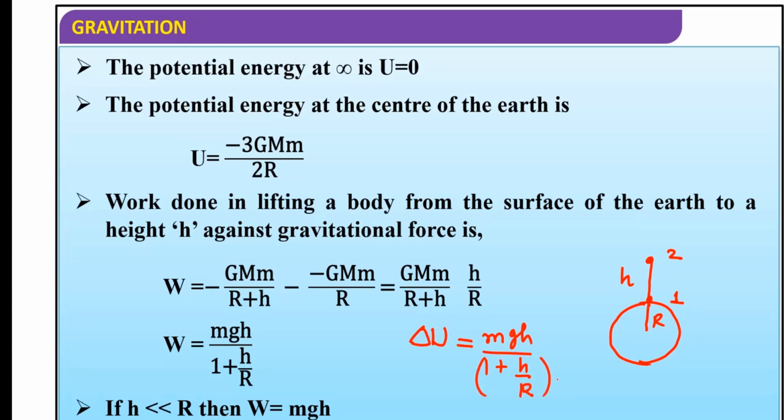Again remember that if h is very much less than r, simply you will write the change in potential energy as mgh. But when h is not negligible compared to r, we write mgh upon 1 plus h by r. These are the two situations for change in potential energy.